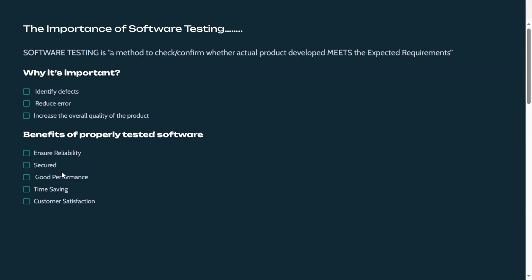There were 2 accidents reported due to this software failure. See, because of improper testing, there is a loss of life. I mean, they met an accident and their lives were lost due to improper testing.